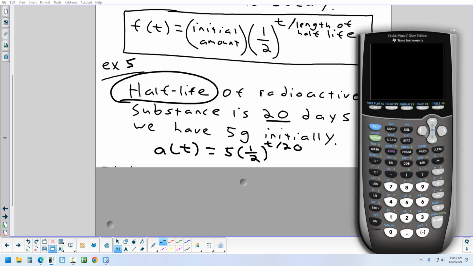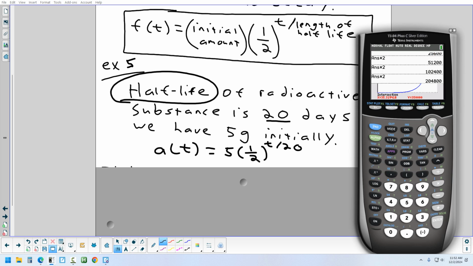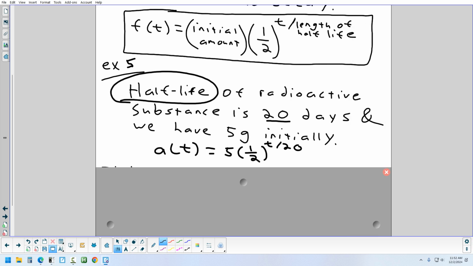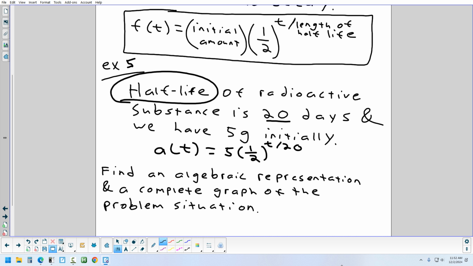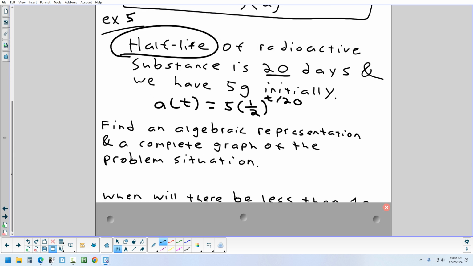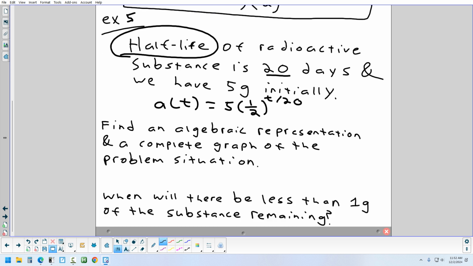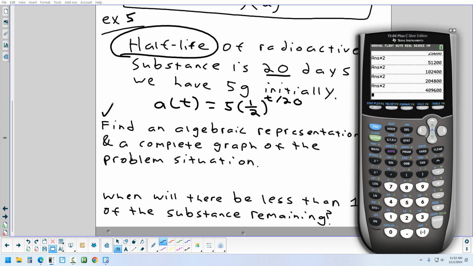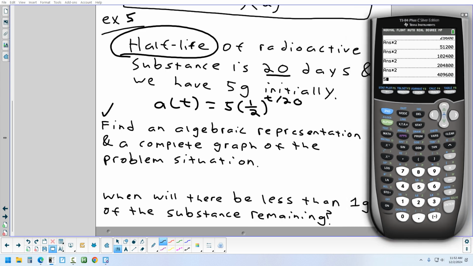Okay, so let's just get a ballpark of when that's going to happen. How many halving cycles does it take to turn 5 grams into, let's see what they want us to find, 1 gram? Okay, so we already did part 1. Let's turn 5 grams into 1 gram. So let's take 5, divide it by 2. That's 1 half-life cycle.